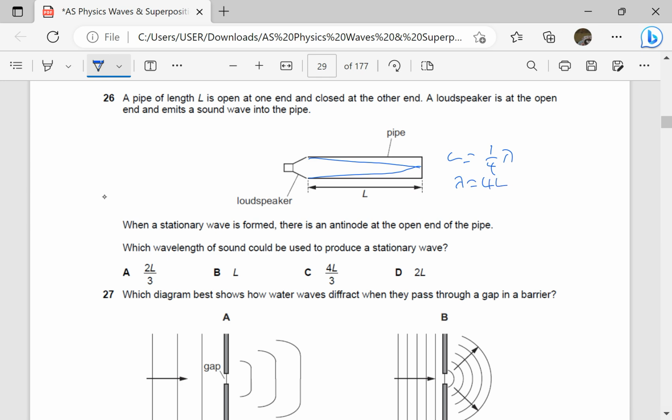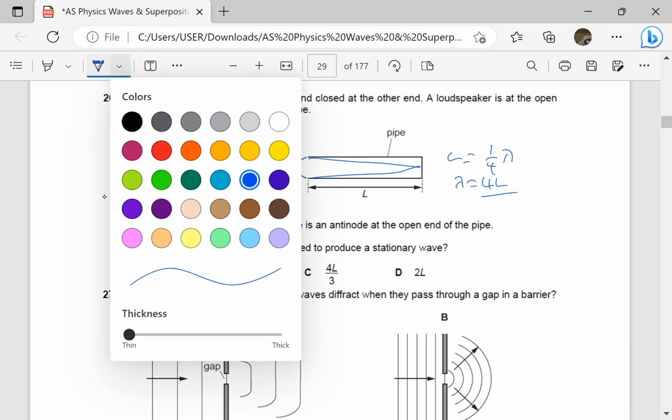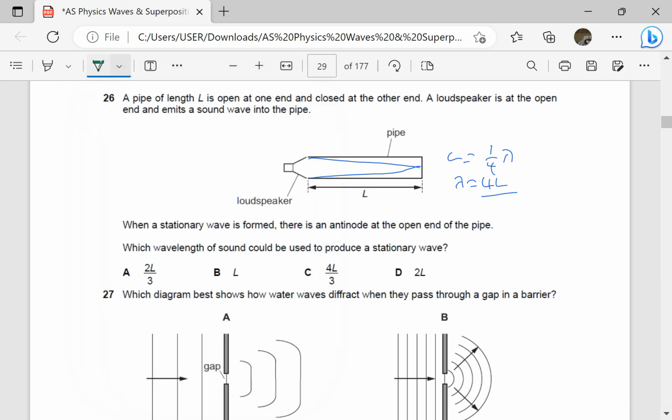So the question is, which wavelength of sound could be used to produce a stationary wave? Since here we only have odd harmonics, the fundamental should be 4L. 4L is not there. The fundamental is a quarter wavelength. Then we can try the next one. We don't have 4L here, so I will try the next one. So I'm going to use green for the next one.